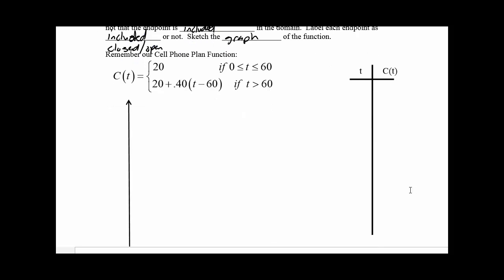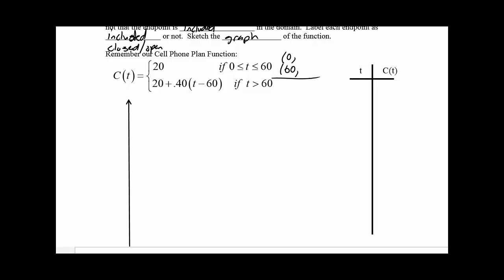Okay, so coming down to our cell phone plan, do we have any endpoints? Let's first identify those. And the answer is yes, we do. We have 0 and 60 on each interval, which means for the top equation, there's an ordered pair 0, comma something, and there's a bottom equation with 60, comma something.